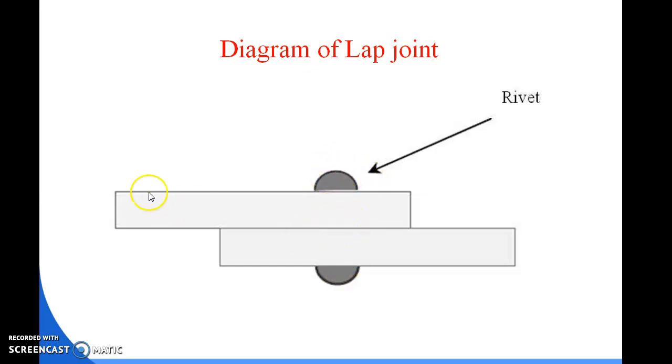Then plate 1 and plate 2 are joined together. This is the diagram of the whole lap joint, where one plate overlaps the other and the two plates are then riveted together.